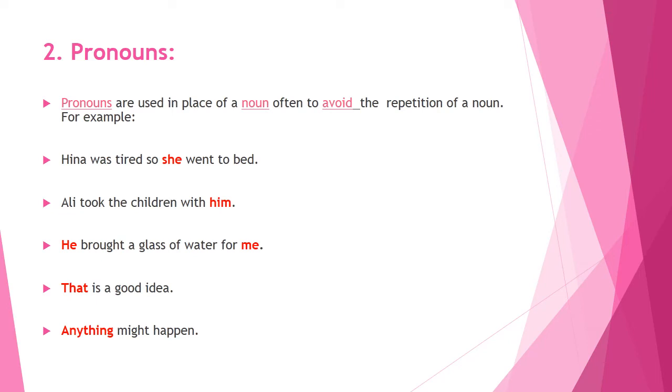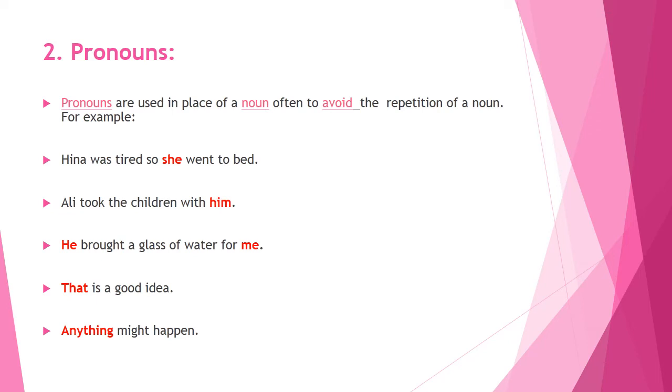Now we are going to discuss pronoun and its different types. Pronouns are words that are used in place of a noun, often to avoid the repetition of a noun. For example, Hina was tired, so she went to bed. Ali took the children with him. He bought a glass of water for me.